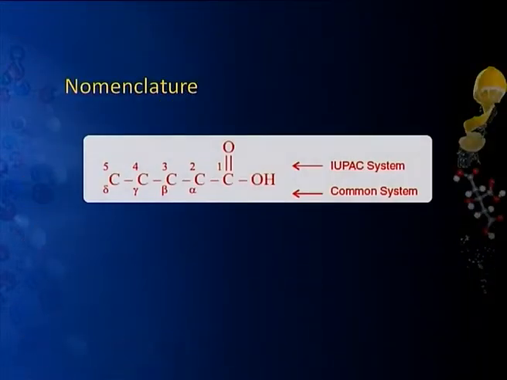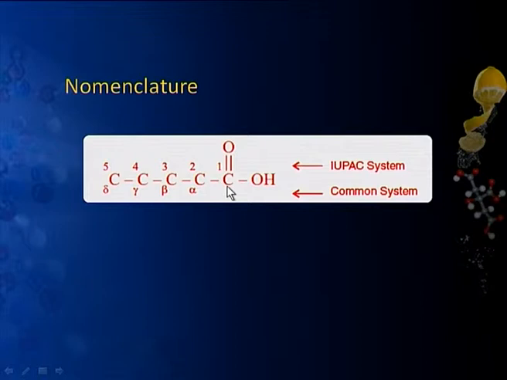Now, suppose this is any compound with a carboxyl group and then there is a long chain. A substituent may be present at any of these carbons. In the IUPAC system, as we have discussed before, this carbon chain is numbered as 1, 2, 3, 4 etc., where the number 1 is given to the carboxyl group.